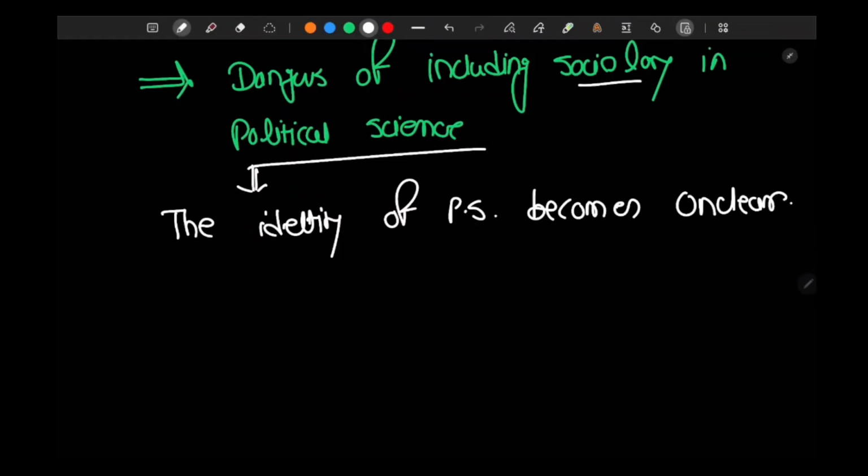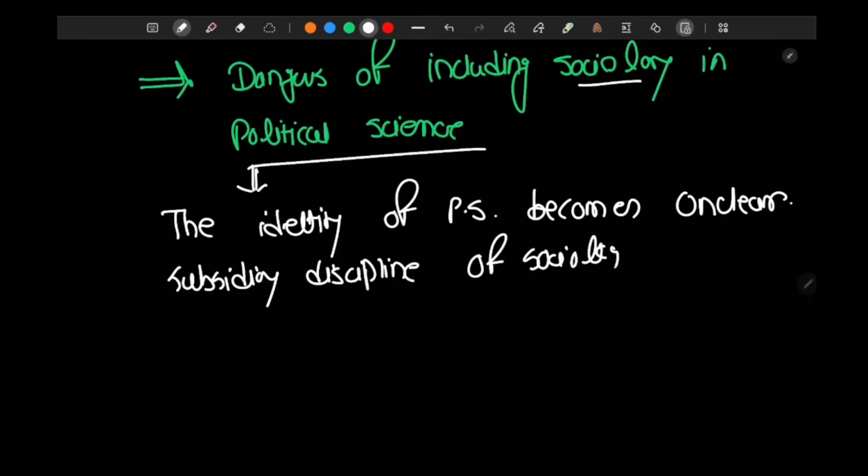Political science can become a subsidiary discipline of sociology. If we keep all of our analysis through a social lens, then political science will itself become a subsidiary discipline of sociology. So we should not continue with this approach because it has that danger.